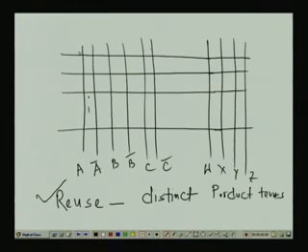Say ABC, so this is A, B, C, this is my first product term T1. Now, W can use this product term ABC, X can use this product term ABC, Y can use the same product term, Z can also use the same product term, because the output lines are actually the columns, the vertical lines. So, they are not affected if in one row all possible ones are there.